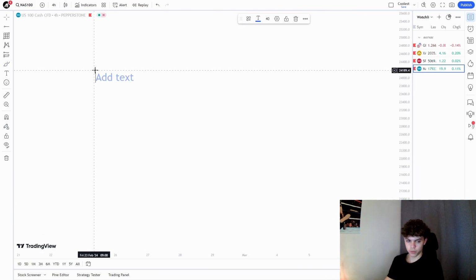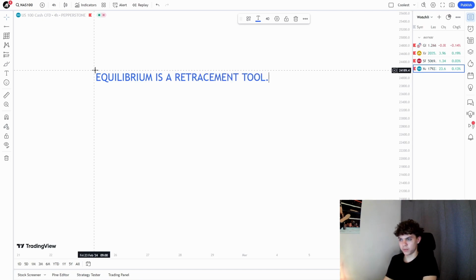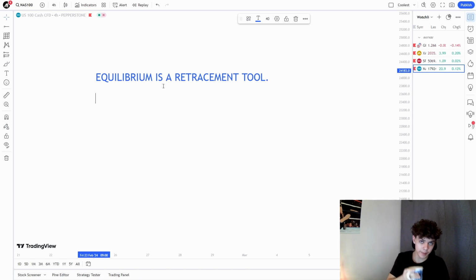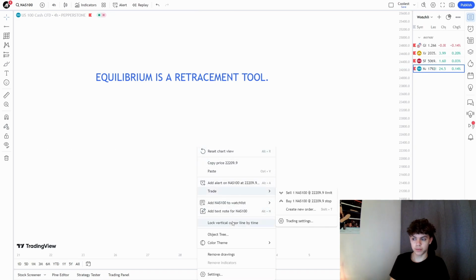So what's the conclusion? Equilibrium is a retracement tool. Retracement tool is just like fair value gap and order block. Remember that. And that's about it. That's about equilibriums.